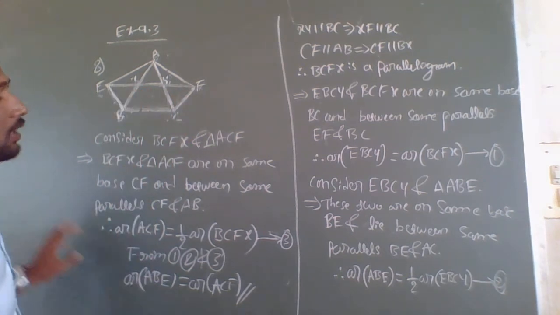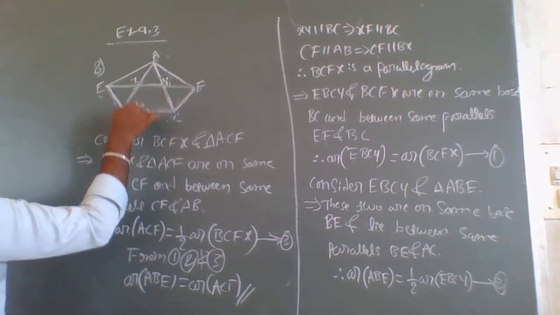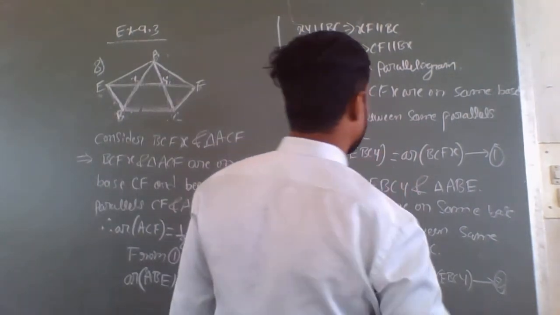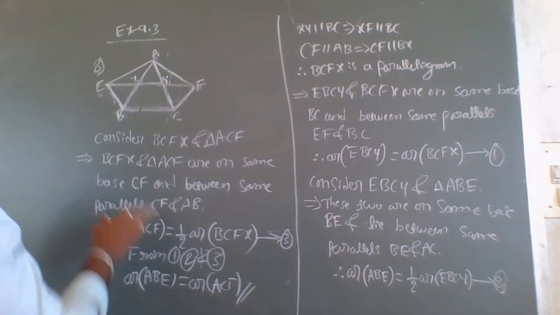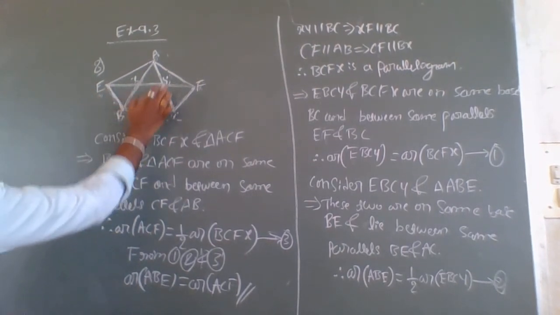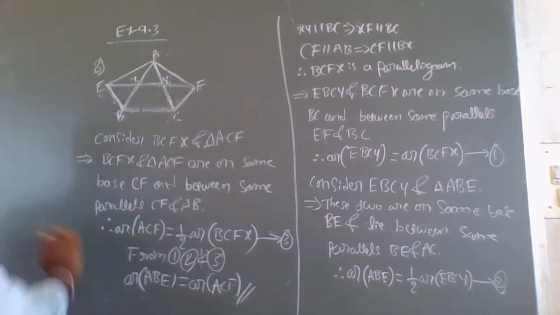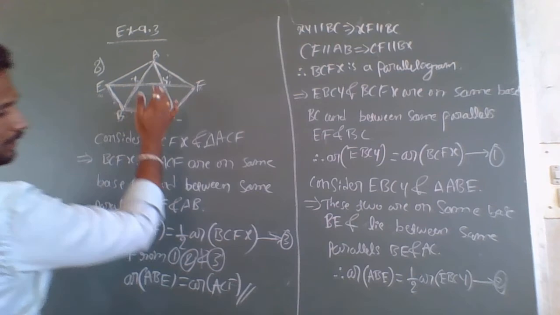So listen carefully. What we did here, we proved that EBCY is a parallelogram, and BCFX is also a parallelogram. These two parallelograms are equal in area because they are on the same base and between the same parallels. In the second step, we considered one of the parallelograms, EBCY, and triangle ABE. These two are on the same base BE and between the same parallels BE and AC.